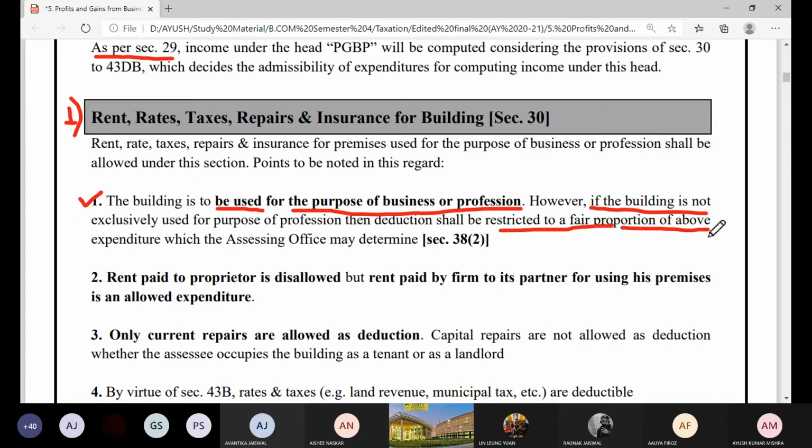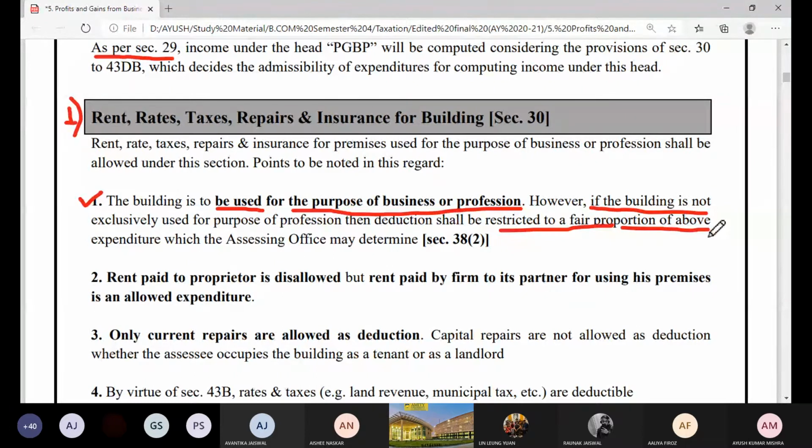We must have seen at times that some people buy a land and construct a house. On the ground floor, they create a showroom or a shop or something similar where they can do some business, and they reside on the first and second floor of the building.